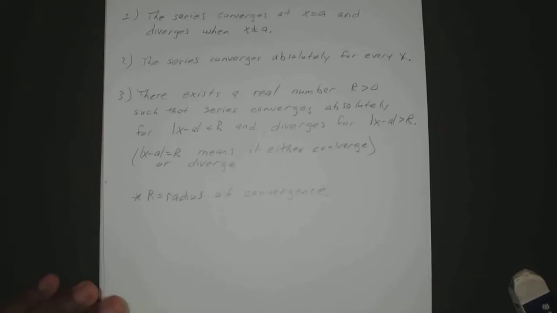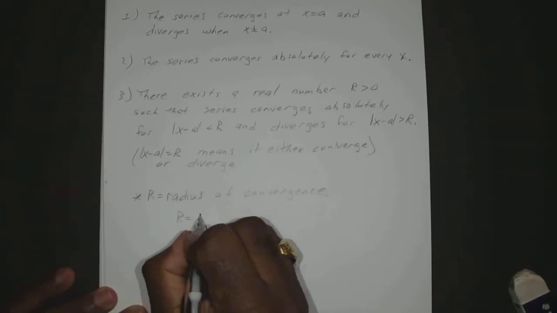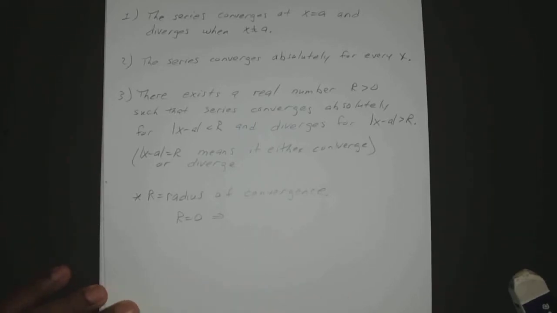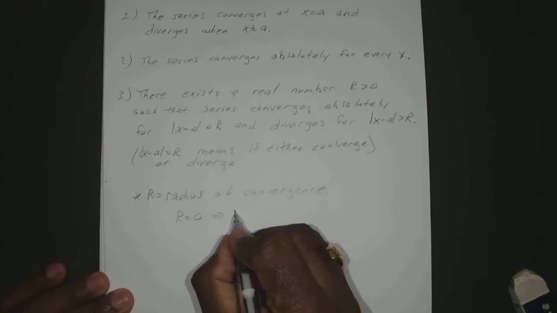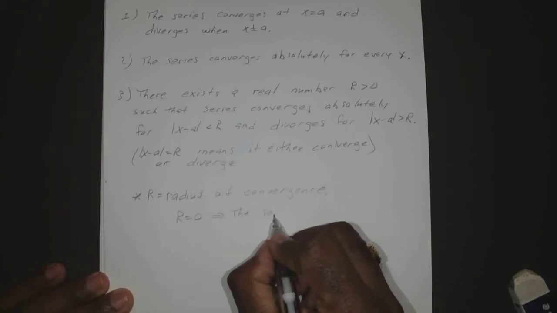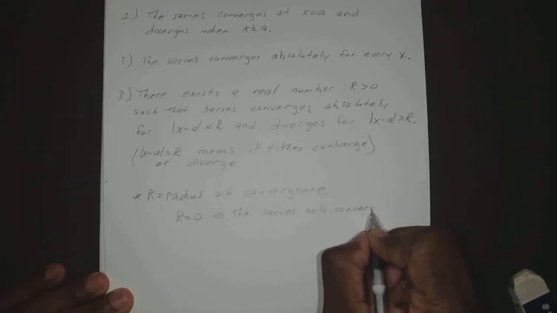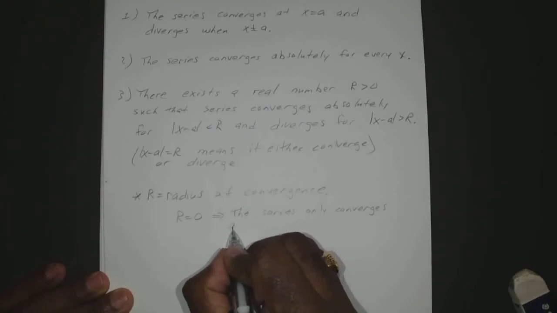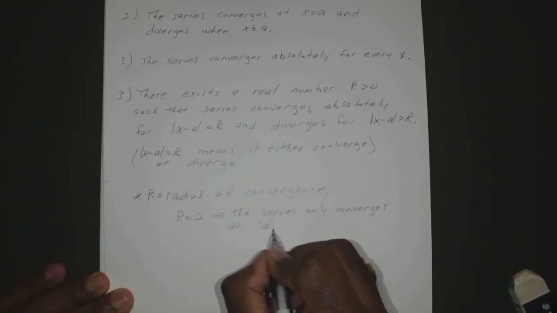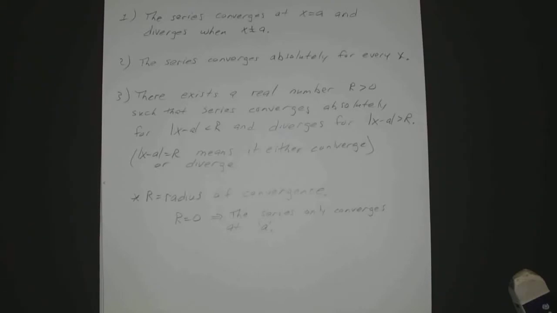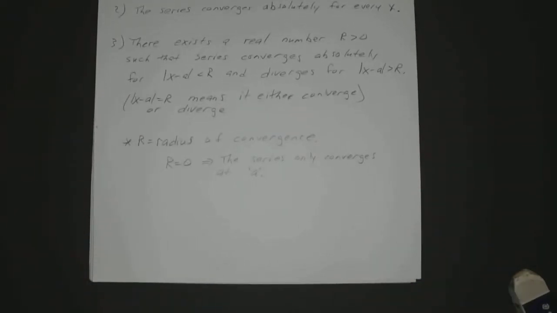Now if your r is equal to 0, that means it only converges at a, whatever your a value is. Now, if r is equal to infinity, then that means it converges for any value of x.